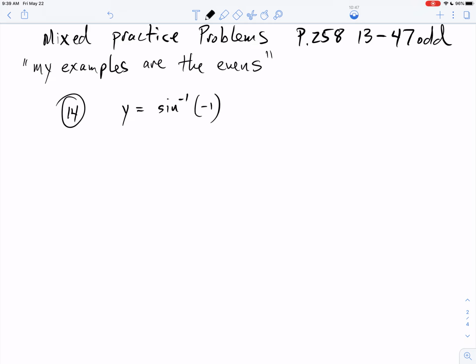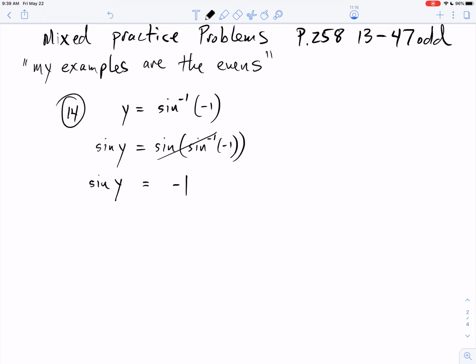Now I think of this as I'm supposed to take the sine of this side. I take the sine of the other side, which means I'm composing that. And over here, that means this stuff yields -1. And then I think to myself, sine of some angle I don't know equals -1.